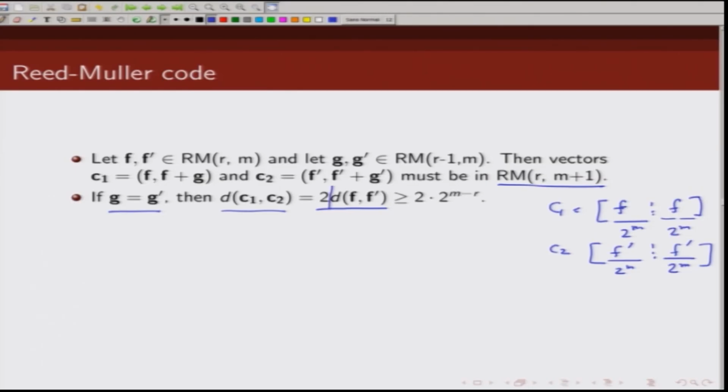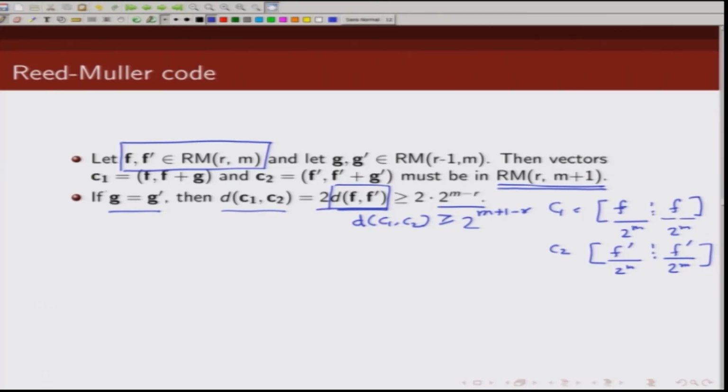And what is the minimum distance between f and f'? f and f' belong to the Reed-Muller code of order r and length 2^m. So, their minimum distance should be 2^(m-r). Then from this we get that the minimum distance between C1 and C2, which are two code words belonging to the Reed-Muller code of order r and length 2^(m+1), should be greater than or equal to 2^(m+1-r).